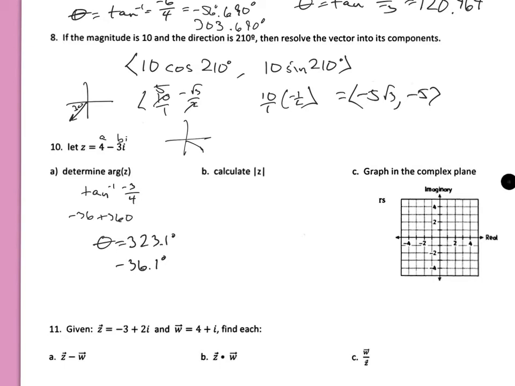Absolute value is magnitude. So this is square root of 4 squared plus 3 squared. 16 plus 9 is the square root of 25, so this is 5. Then we graph it. You're going to start at 0, 0. So the real goes left and right, so our real is a positive 4. Imaginaries are up and down. The imaginary is negative 3. And so there is your number.